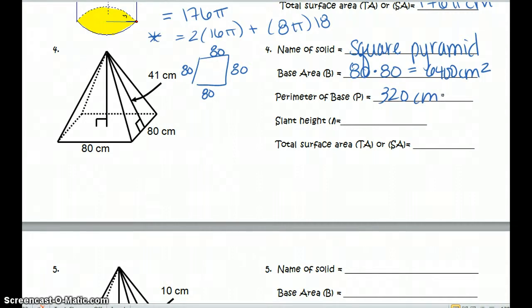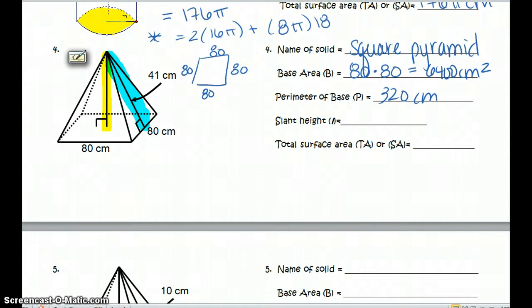Now remember, there's a difference between the height of the pyramid and the slant height of the pyramid. The height of the pyramid is this one right here. It is the one that is going to be perpendicular from the vertex down to the base of the pyramid. Our slant height is the one that is the height on the outside of the pyramid.